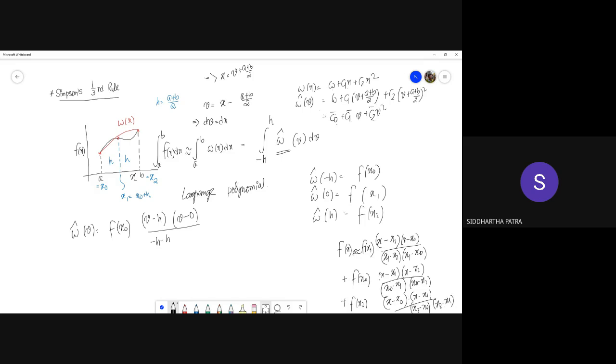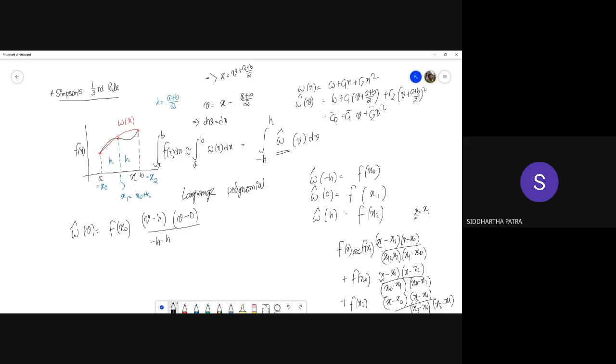How does this help? First of all, take any value, let's say x equals x1. If you take x equal to x1, the second term and the third term become automatically 0. Remember, whatever is in the denominator are constants, they do not change. What happens to the first term? It would be (x1 minus x2) divided by (x1 minus x2) times (x1 minus x0) divided by (x1 minus x0).